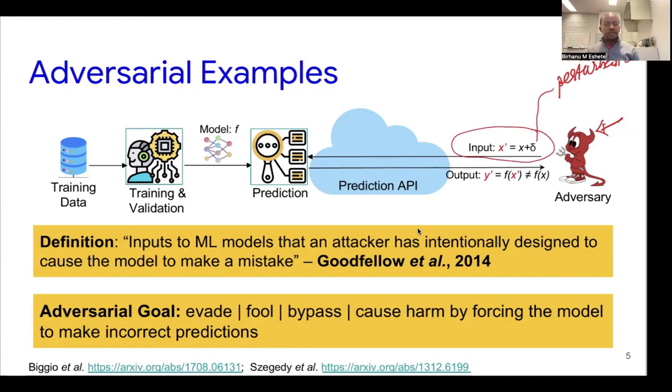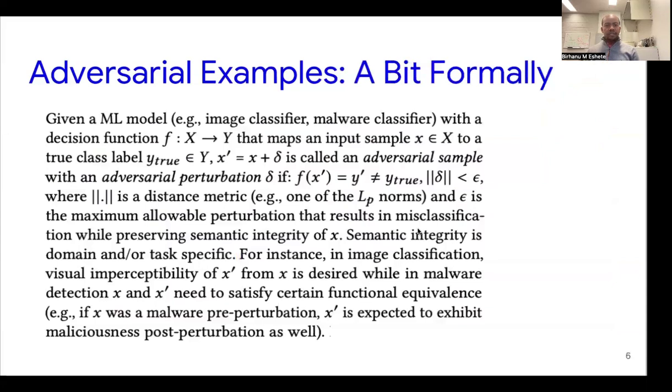It's a targeted manipulation where you want to make sure that you bypass the classifier while at the same time the perturbation is not very visible or it doesn't raise any red flags. And the ultimate goal is for the classifier to classify this as something else or different from the original class. Okay, so that's basically the meaning of adversarial examples and the adversarial goal that the adversary is trying to achieve through adversarial examples.